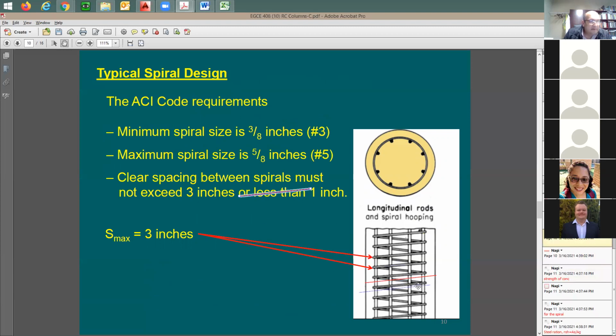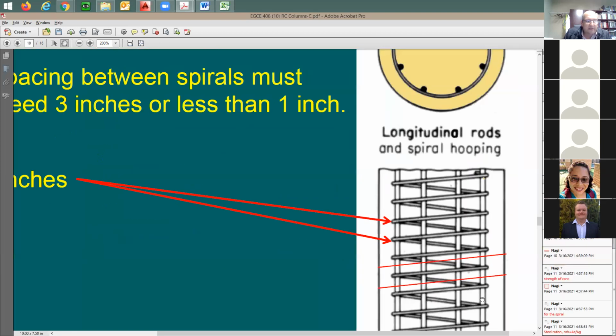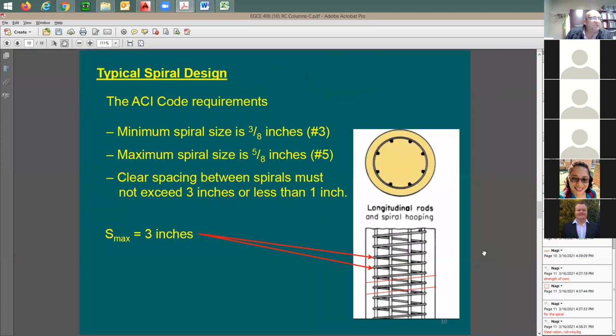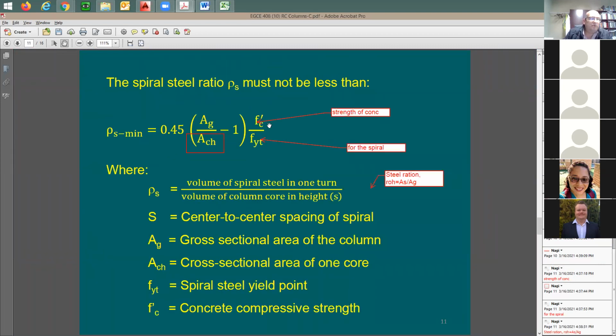The height of this slice is going to be equal to the spacing, let's say 3 inches. Within this slice, you find the volume of the concrete and the volume of the spiral, and then you find the ratio of the volume of the spiral to the volume of the concrete. This ratio has a minimum value according to the code. This can be equal to constant AG divided by ACH. Usually this term is going to be more than 1 because you subtract 1. And then you say concrete strength divided by FYT.